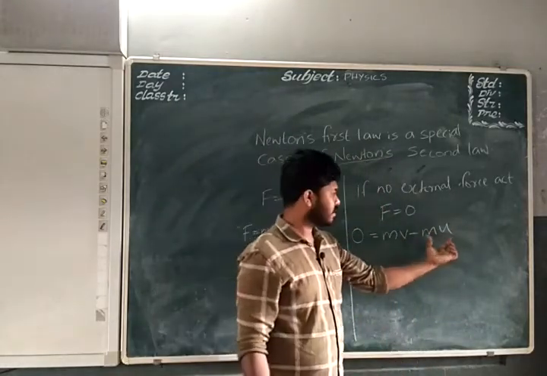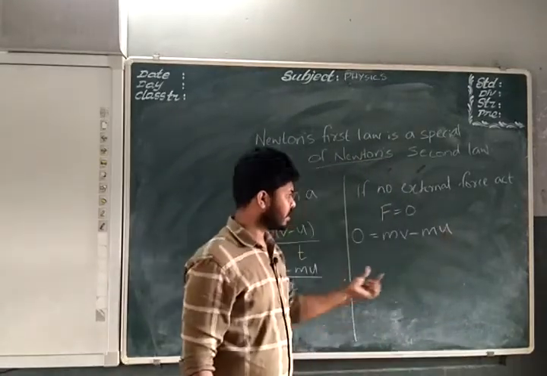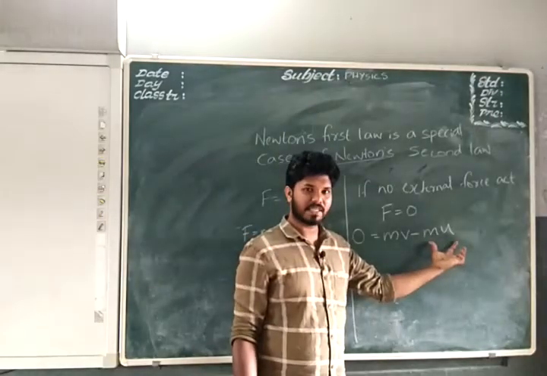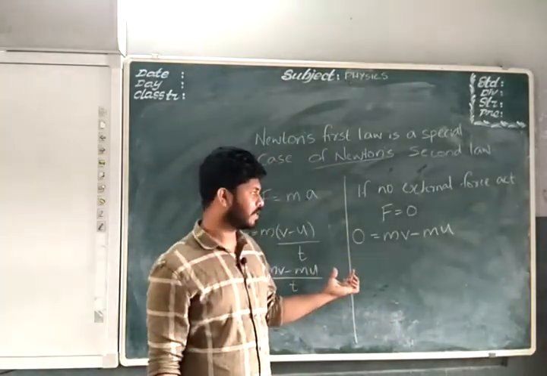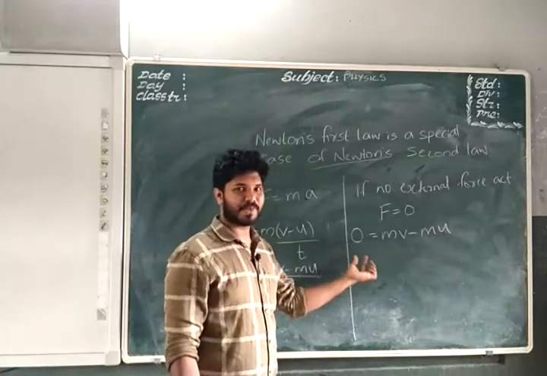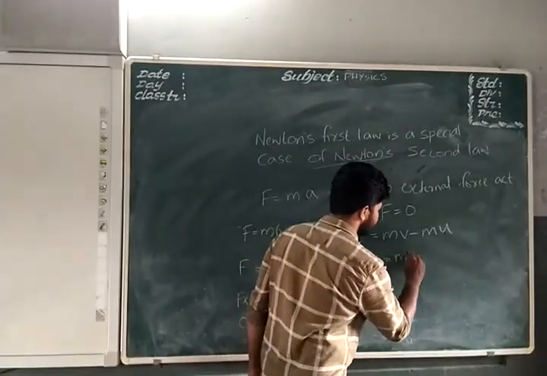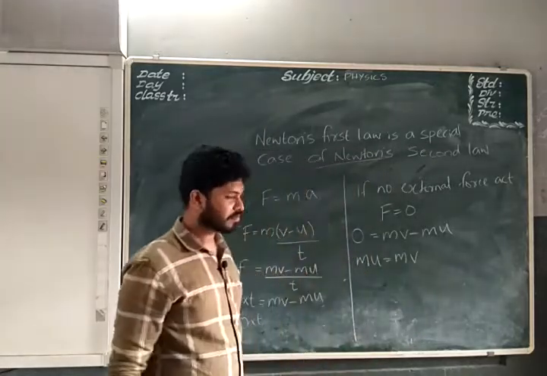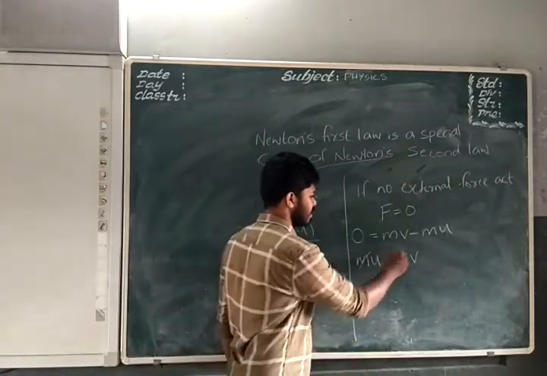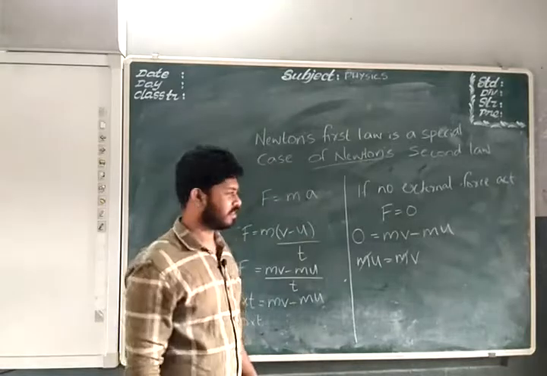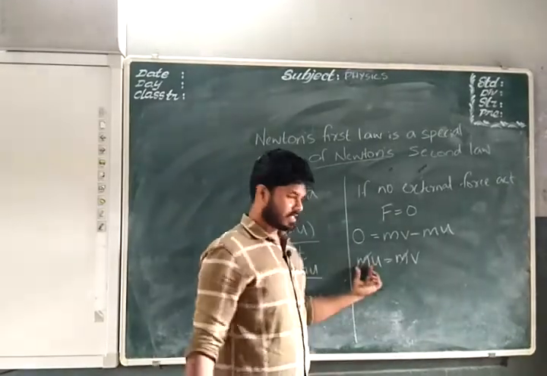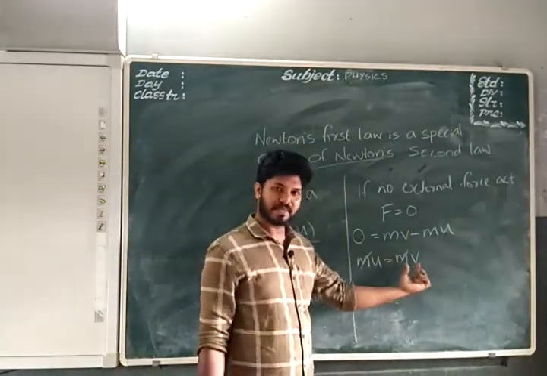Let me take this mu to the other side. It is minus mu. If I take this mu to the other side, how will it become? It becomes plus mu, isn't it? So it is mu equal to mv. Now can we cancel this m? Yes. If the m comes on both sides, we can cancel them.